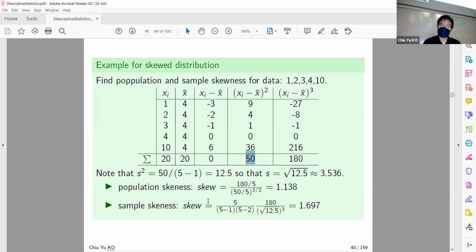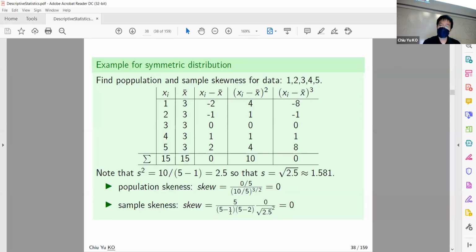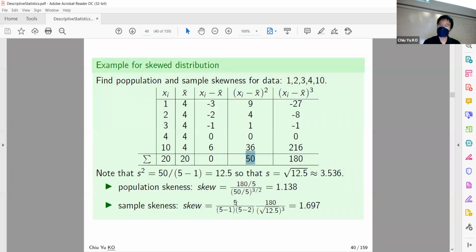Now the sample one will be more complicated. Remember the formula: n over (n minus 1) times (n minus 2), times the sum of the cubes, 180, over the sample standard deviation raised to the power 3.